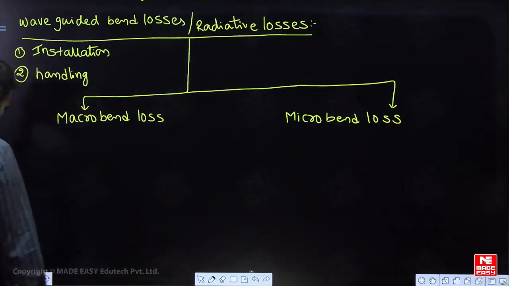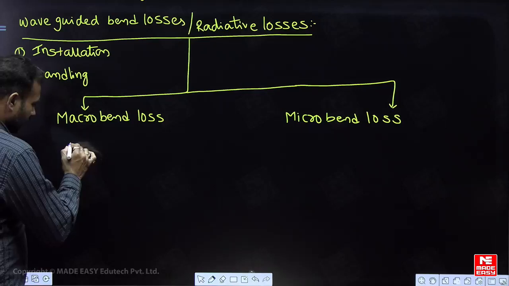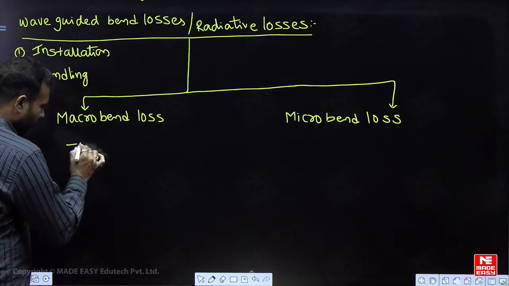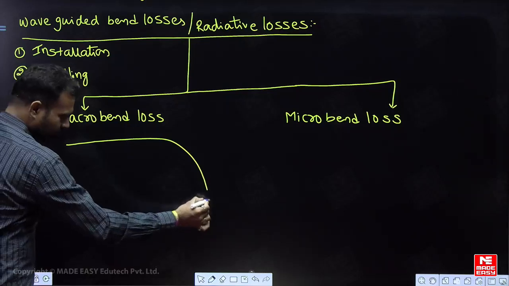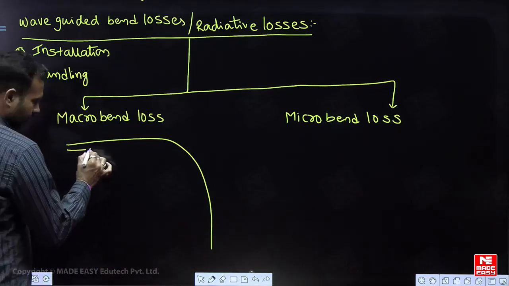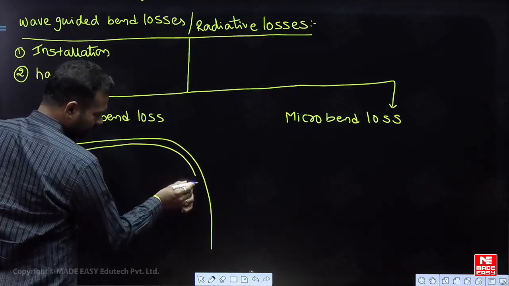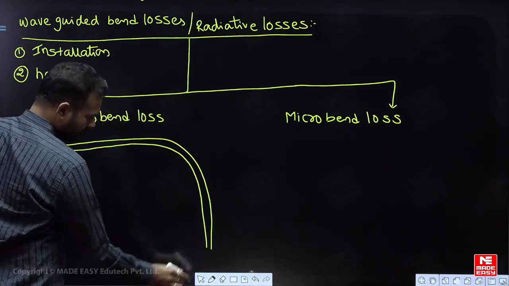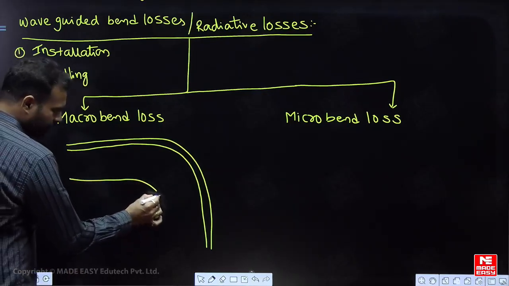So, please concentrate here for 2 minutes. Whenever you have a fiber bent as shown in the figure like this, this is the cladding, and this is the core of the fiber.